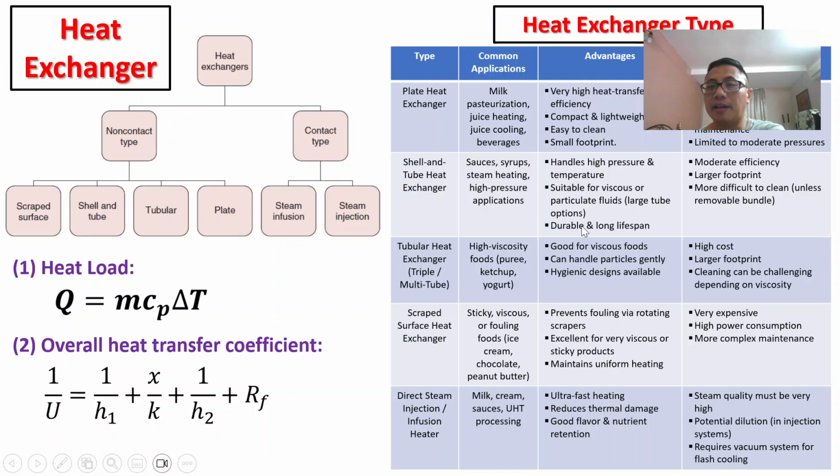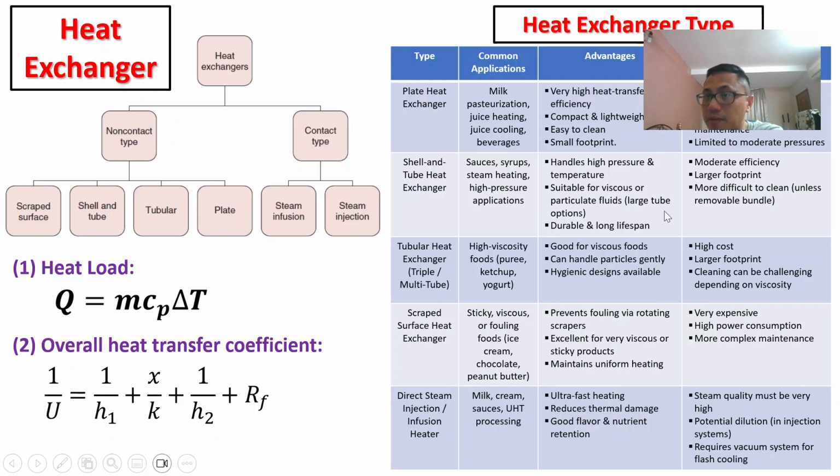Some advantages: we know that plate heat exchangers have very high efficiency, are very compact, easy to clean, and have a small footprint. That means you require very small surface area to install the plate heat exchanger. But the problem here is they are not good for highly viscous fluid. The shell and tube heat exchanger is good for handling slightly high pressure and temperature, and suitable for viscous and particulate fluid.